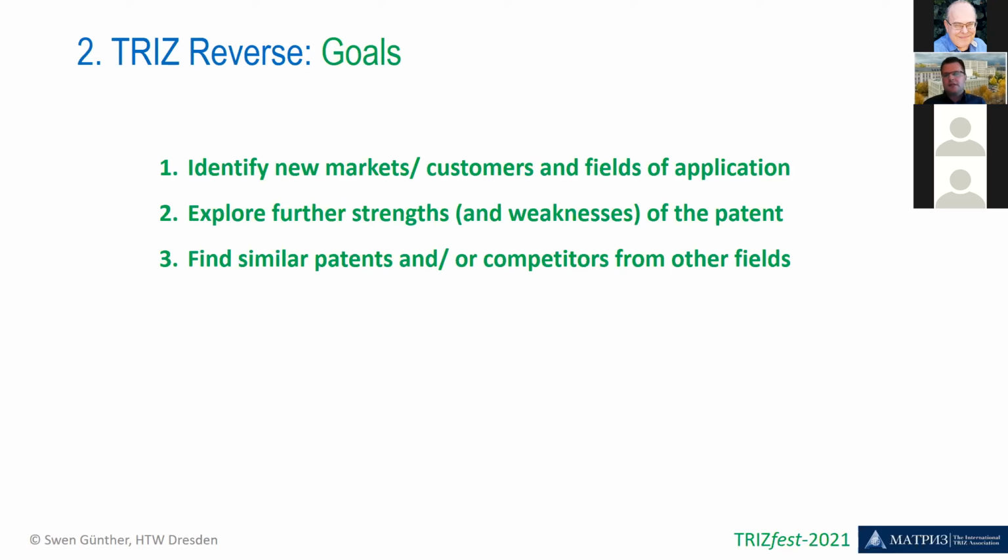Identify new markets, customers, and fields of application. Explore further strengths and weaknesses of the patent. That is the second main goal, to get a better understanding of what's in it. And thirdly, find similar patents and or competitors from other fields. Also for competitive analysis, this might be a very relevant tool, TRIZreverse.